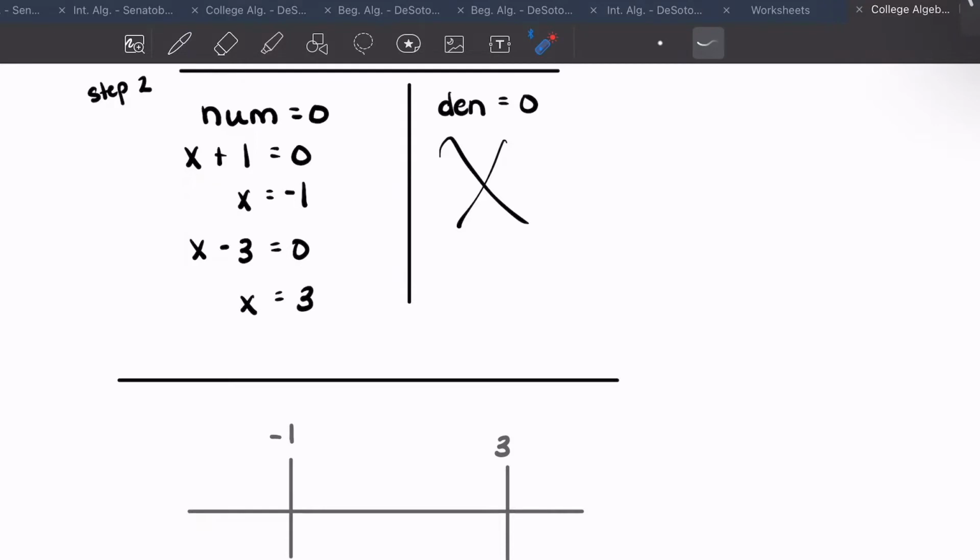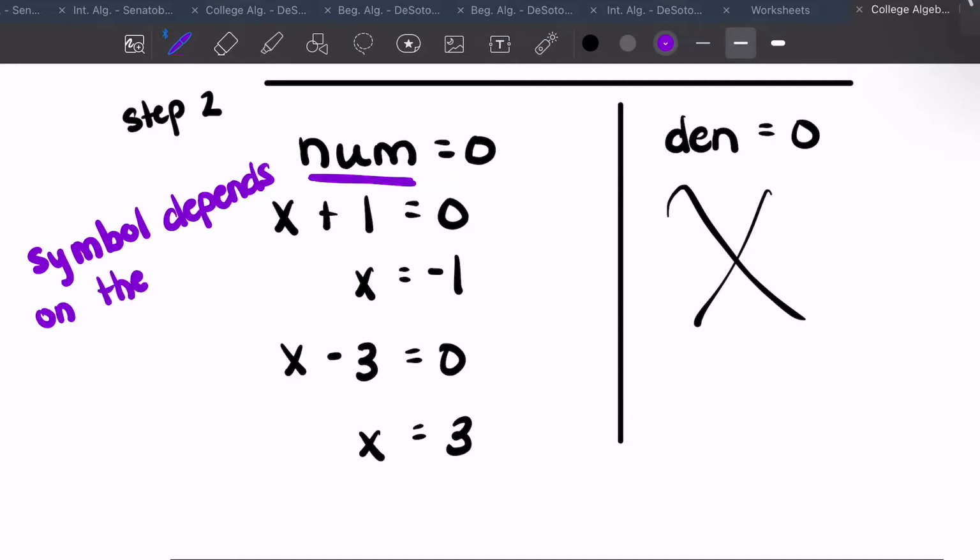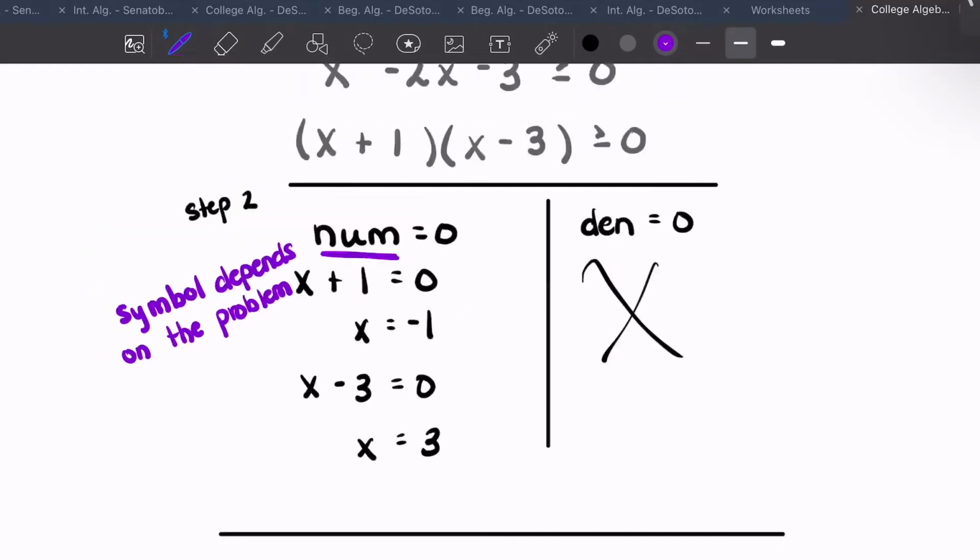So how do I know when to use brackets and when to use parentheses? Going back up here to step 2, your numerator, your symbol depends on the problem. This goes back to your regular rules.